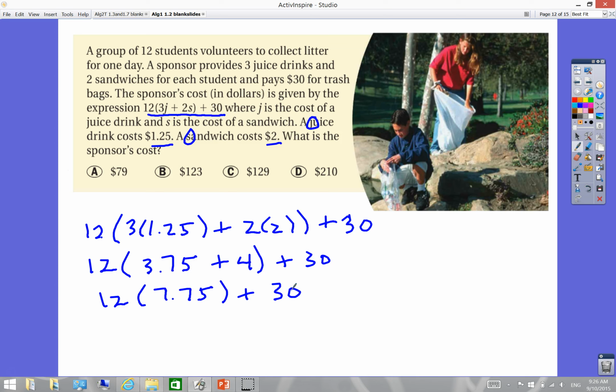I didn't have a calculator, and I'm not doing 12 times 7.75 in a long multiplication problem in my head. What I did is I looked at it like this. This is 12 times 7 plus 0.75, plus 30. And if you think 0.75, that's 3/4.